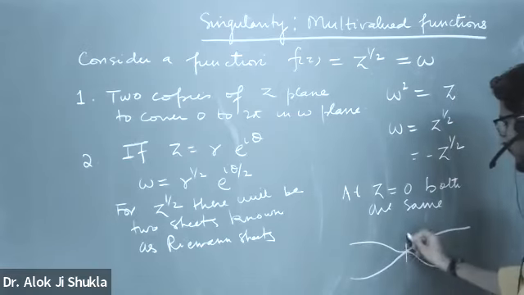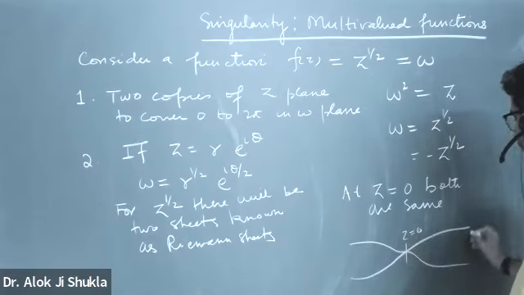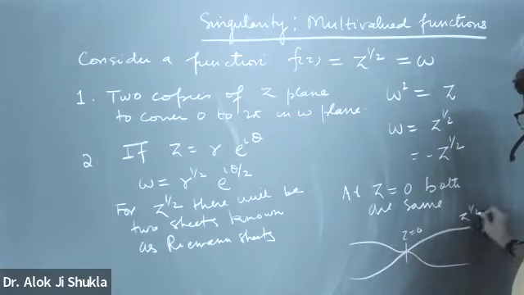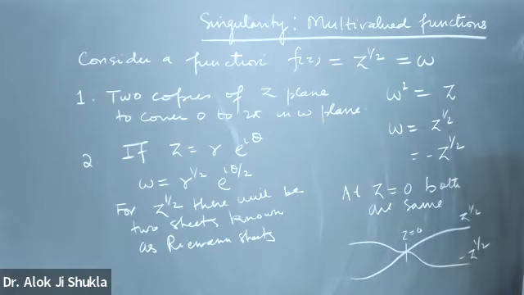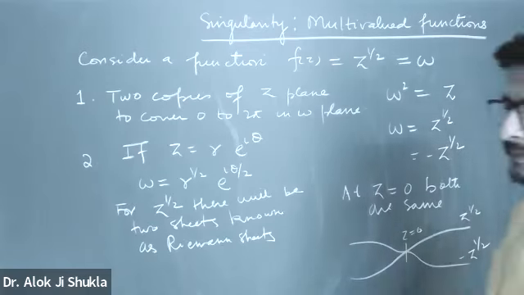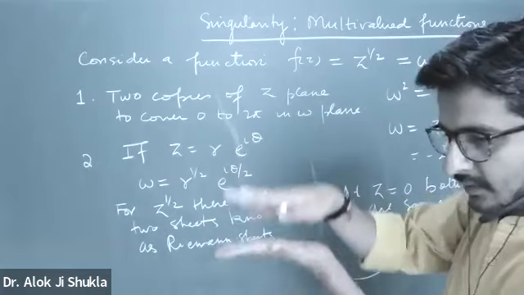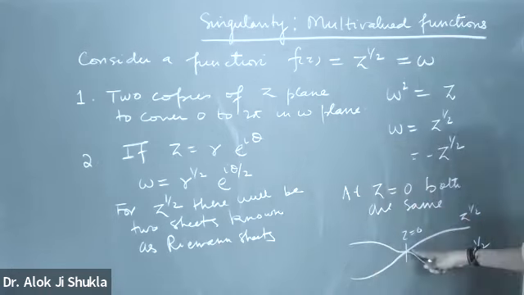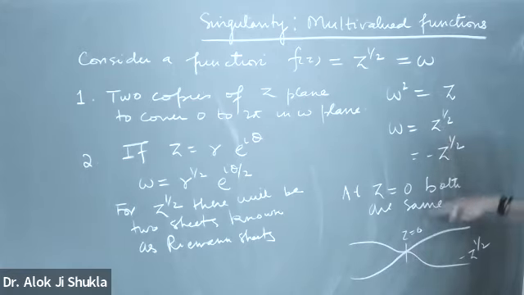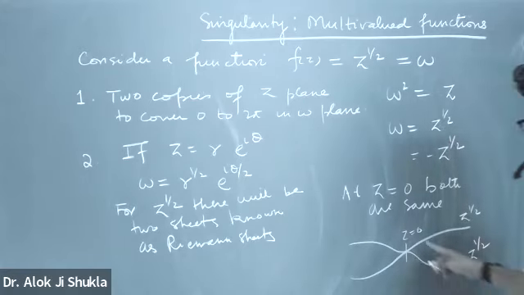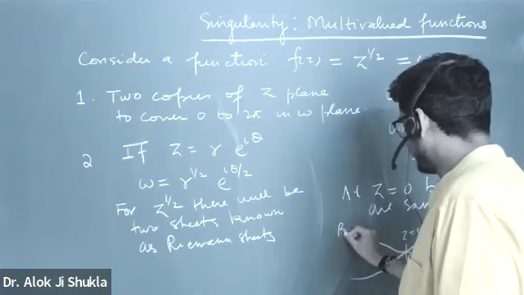So this will be z is equal to 0, and suppose this is the z half sheet and this is the minus z half sheet. They have to converge to the point z is equal to 0, and at this point they are not different, because at 0 both values are the same, and this value will be known as the branch point.